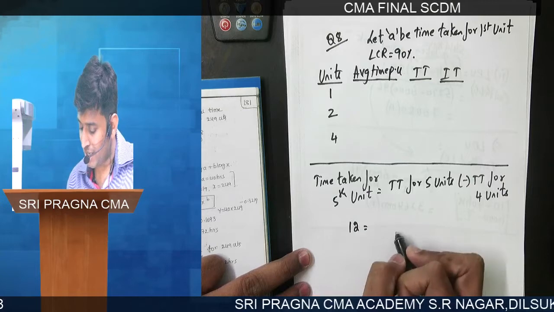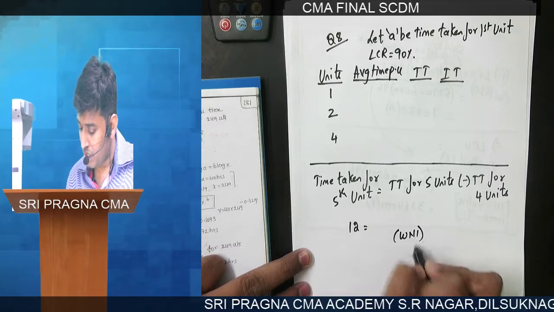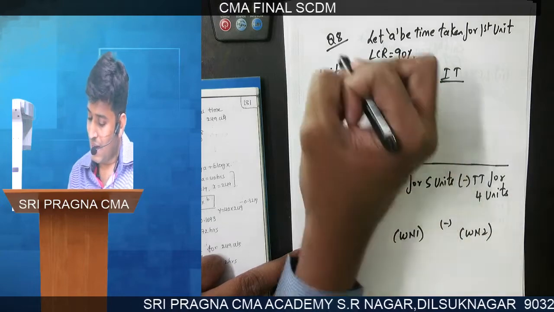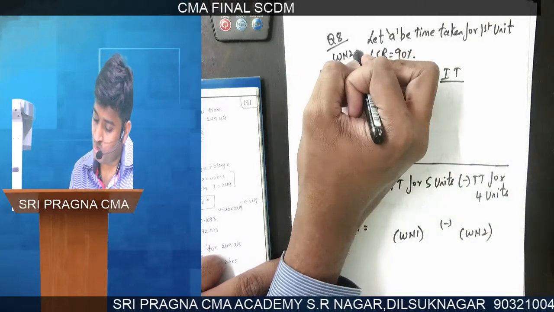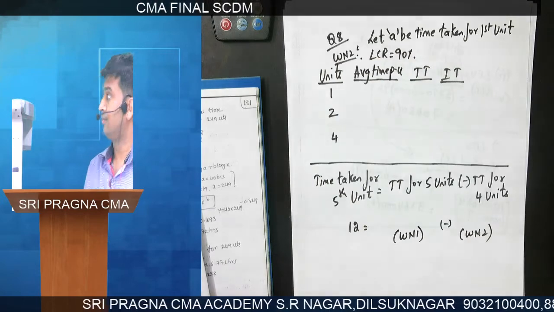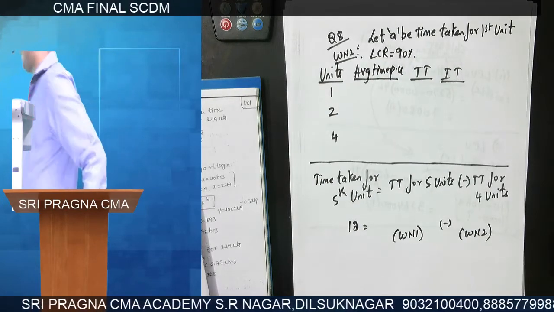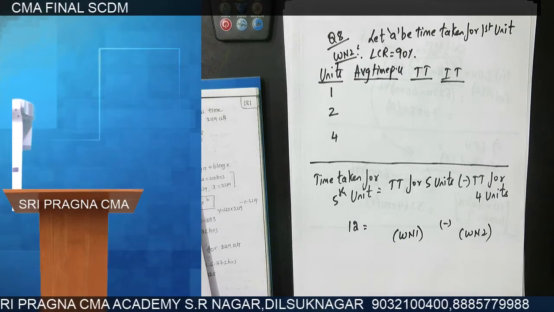Am I clear? This is working note 1, this is working note 2. I am first doing working note 2. నాకు ఏం కావాలి? టైం ఫర్ 4 యూనిట్స్.